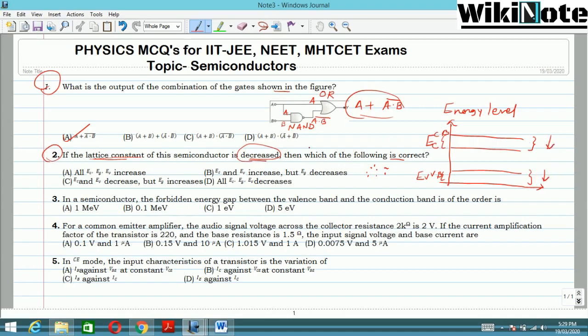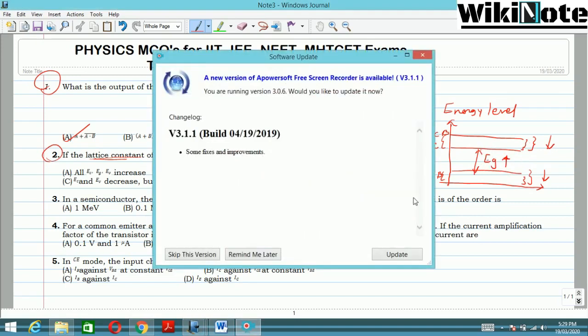If there is a reduction in the size of these bands, then the increase in the energy gap will be more.